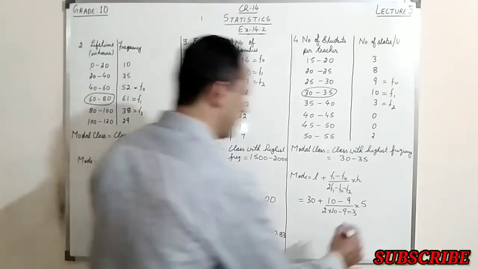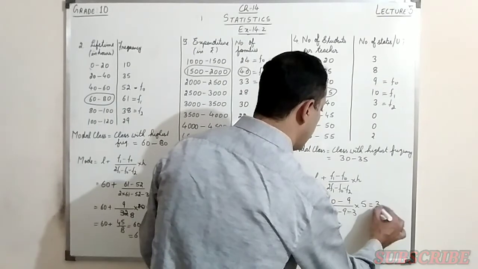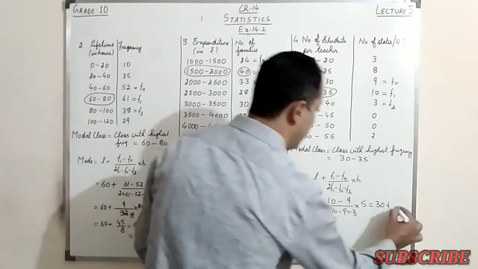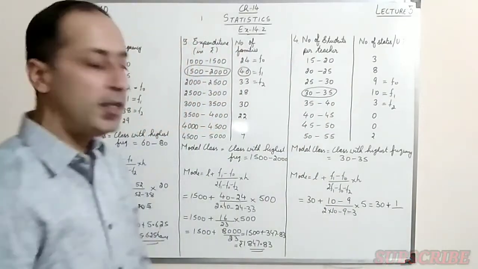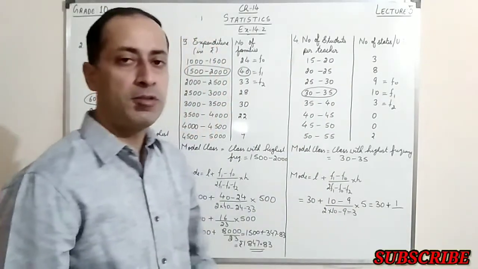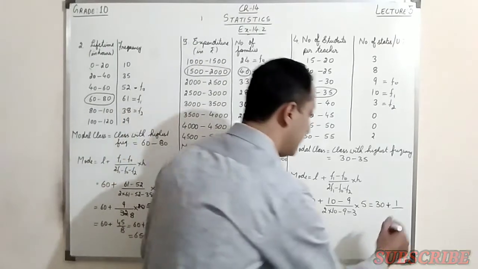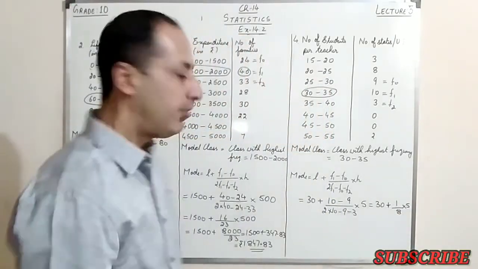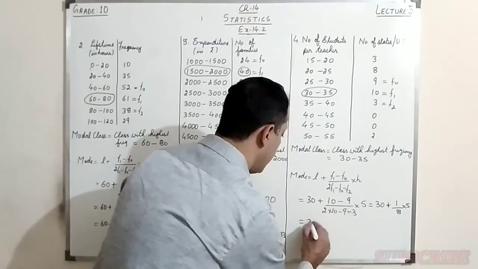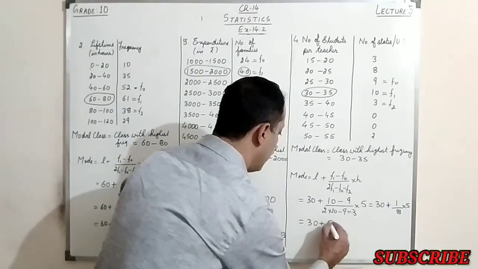Simplify this. So this will be 30 plus 1 in the numerator upon 2 into 10 is 20, and 9 and 3 comes out to 12. So 20 minus 12 we get 8, multiplied by 5. So we get 30 plus 5 upon 8.